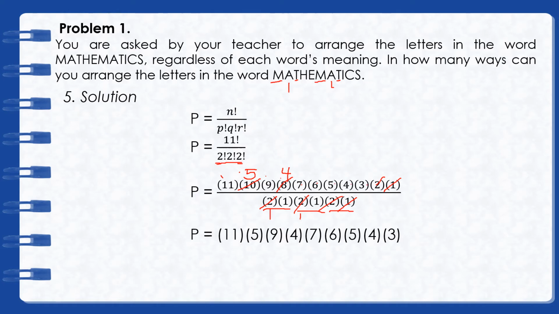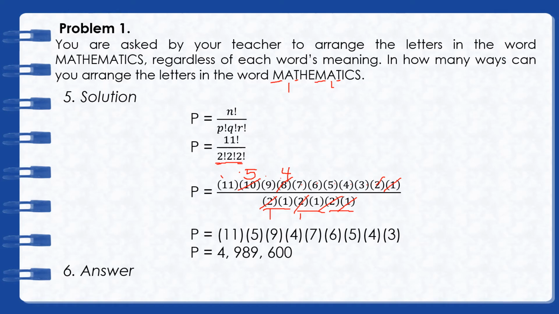So we are going to multiply the remaining numbers in the numerator. So what is the answer? Correct. The answer is 4,989,600. And our last step is our answer.